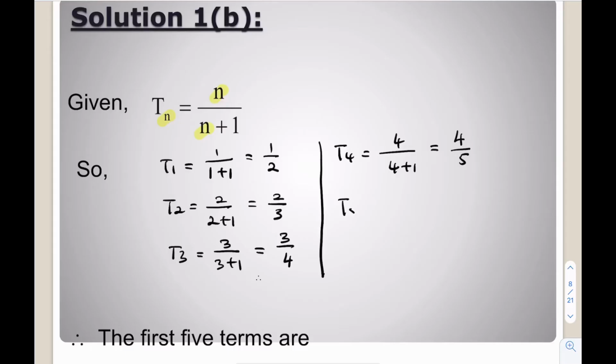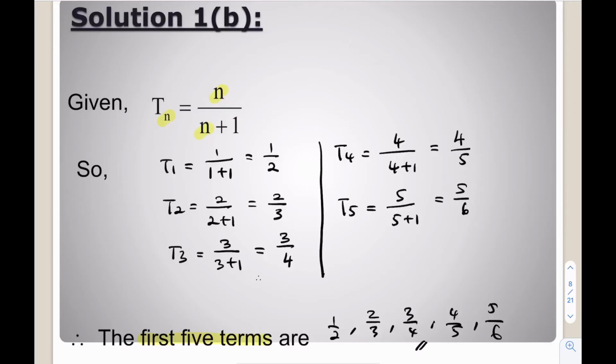And the last one, T5 equals to 5 over 5 plus 1 equals to 5 over 6. Therefore, the first 5 terms are, list down all your T1 until T5, which are 1 over 2, 2 over 3, 3 over 4, 4 over 5, and 5 over 6.